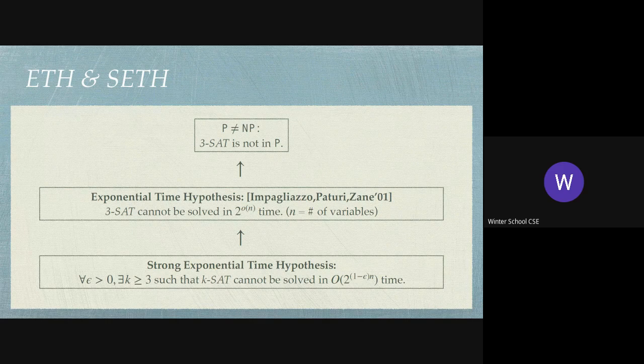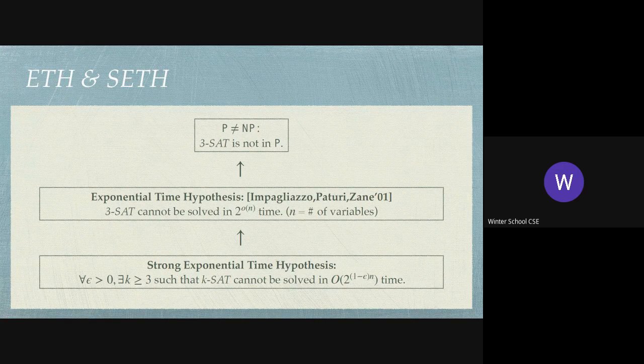Then this has to be true, because if this is false, that is 3-SAT is solvable in 2 to the small o of n time, you can reduce that k-SAT to 3-SAT in polynomial time, in some poly of n time, and you will have an algorithm that runs in just 2 to the small o of n time. But what we initially assumed was that it is not solvable even in 2 to the 0.99n time.